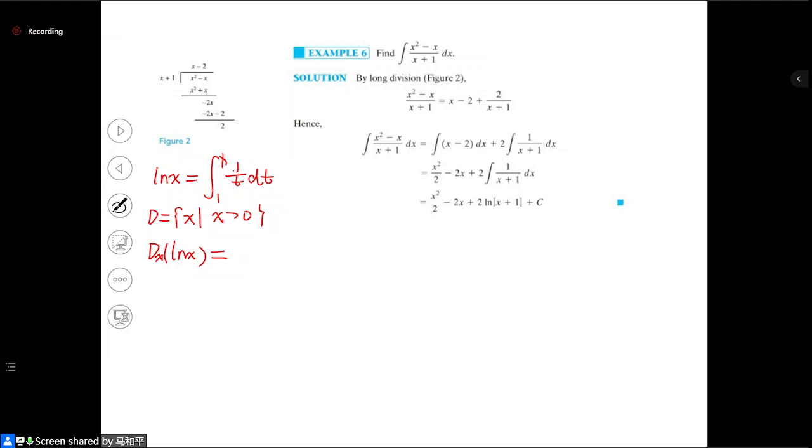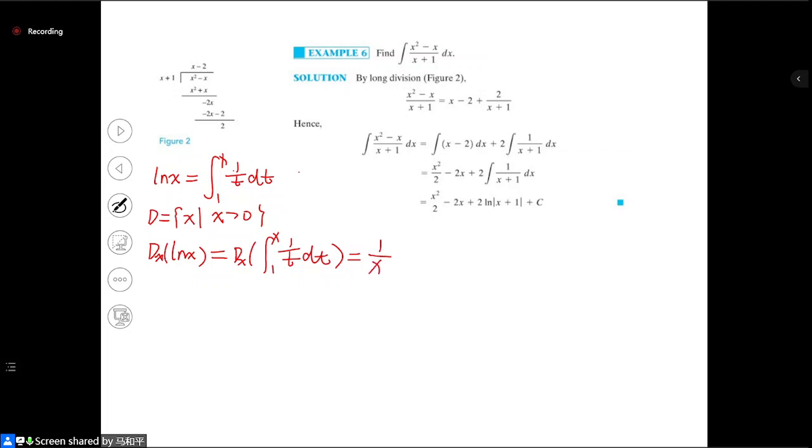by the first fundamental theorem. This means we want to calculate d/dx of the integral from 1 to x of 1 over t dt. We just replace t by x, so it's equal to 1 over x.